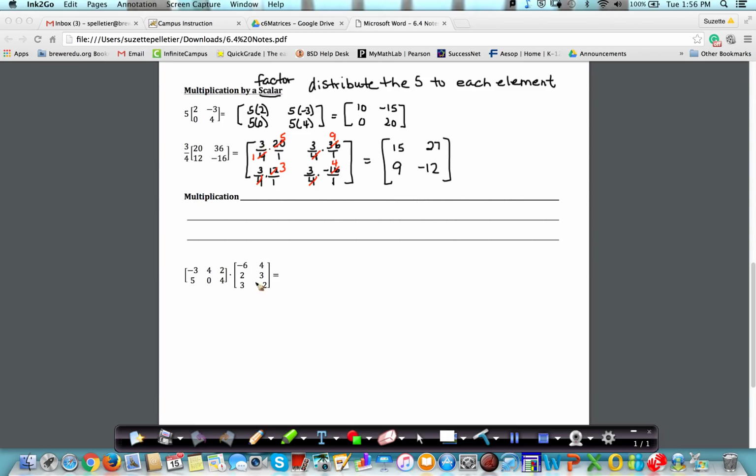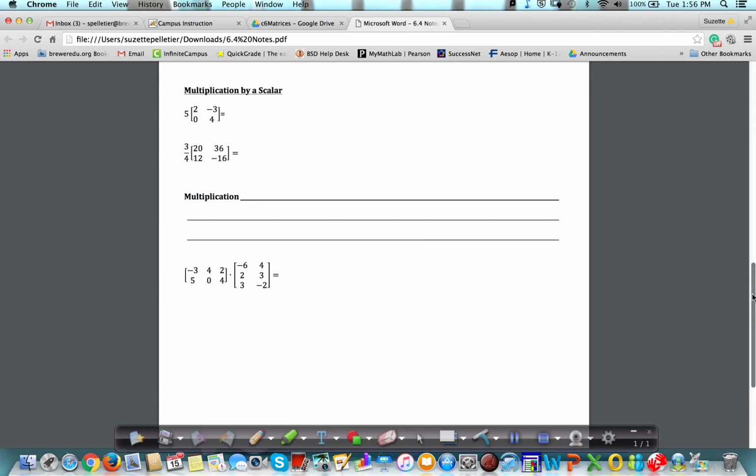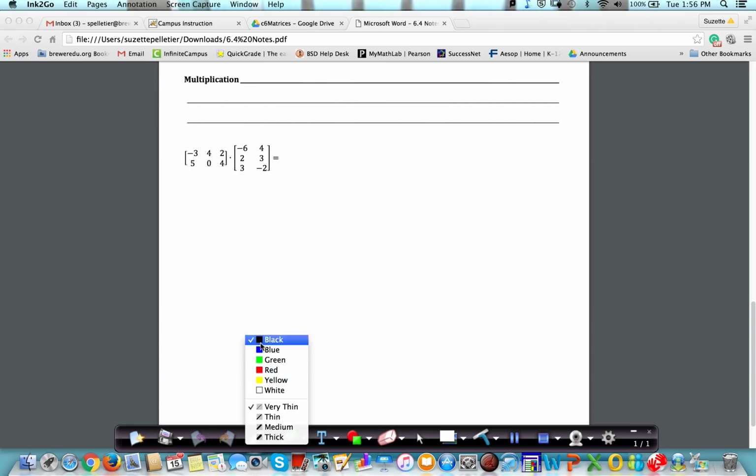Now, multiplication in a regular problem is a little different than addition and subtraction in that the matrices don't have to match up column and row like they did before. So the process of multiplying, and let me clear the screen here so I can make a little more room because this is definitely going to take up some room. When we do multiplication, we do row 1 times column 1. All right, and then we do row 1 times column 2.